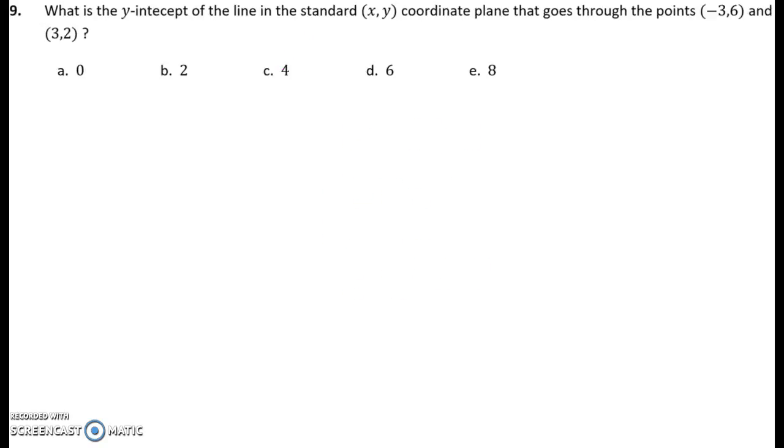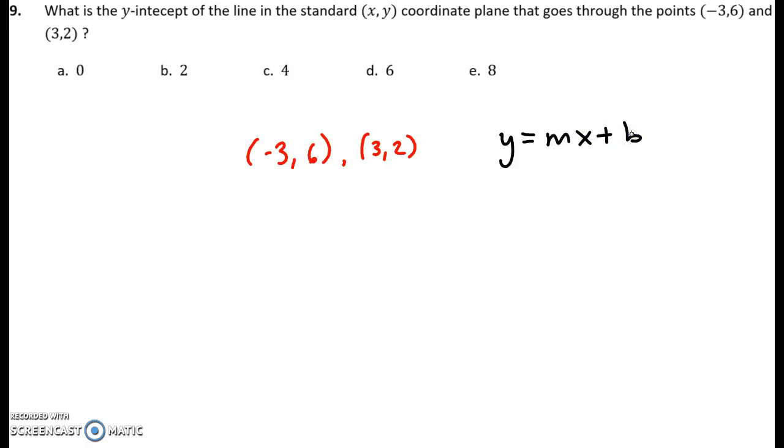In problem number 9, it says what is the y-intercept of the line in the standard coordinate plane that goes through the points (-3, 6) and (3, 2). Again, you're looking for the y-intercept, so you need to write the equation of a line in slope-intercept form, which is y equals mx plus b.